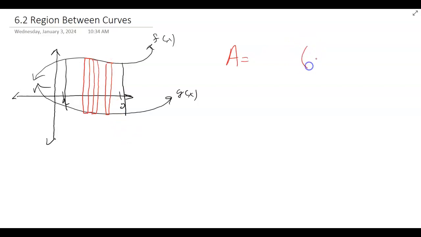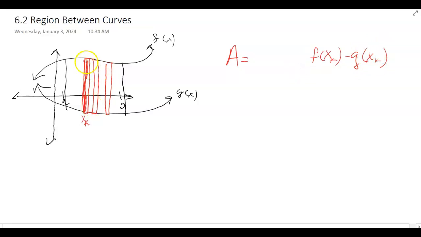Wouldn't you just take your f of x sub k, for this one rectangle right here, minus g of x sub k?